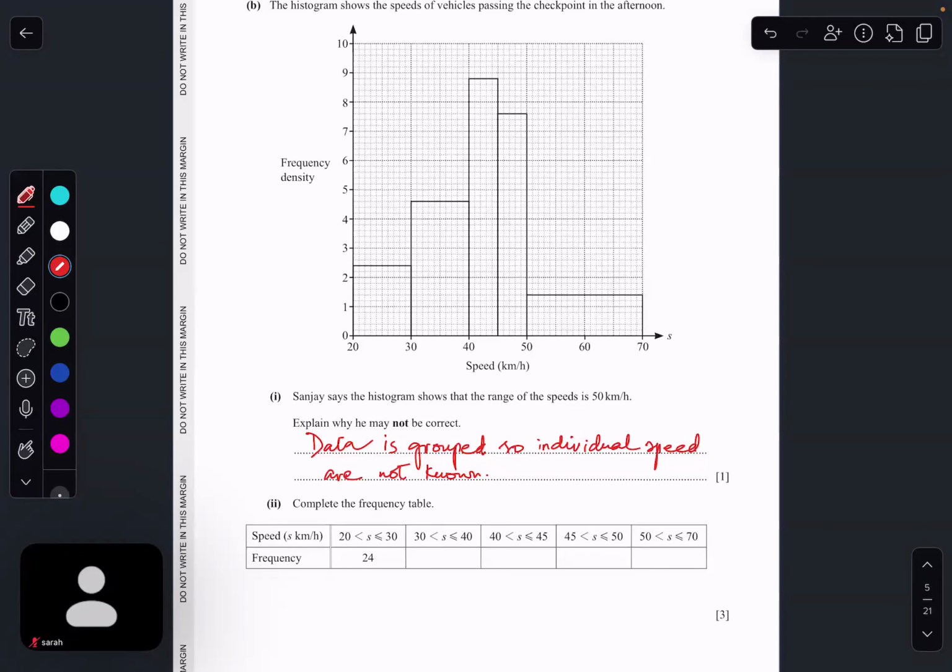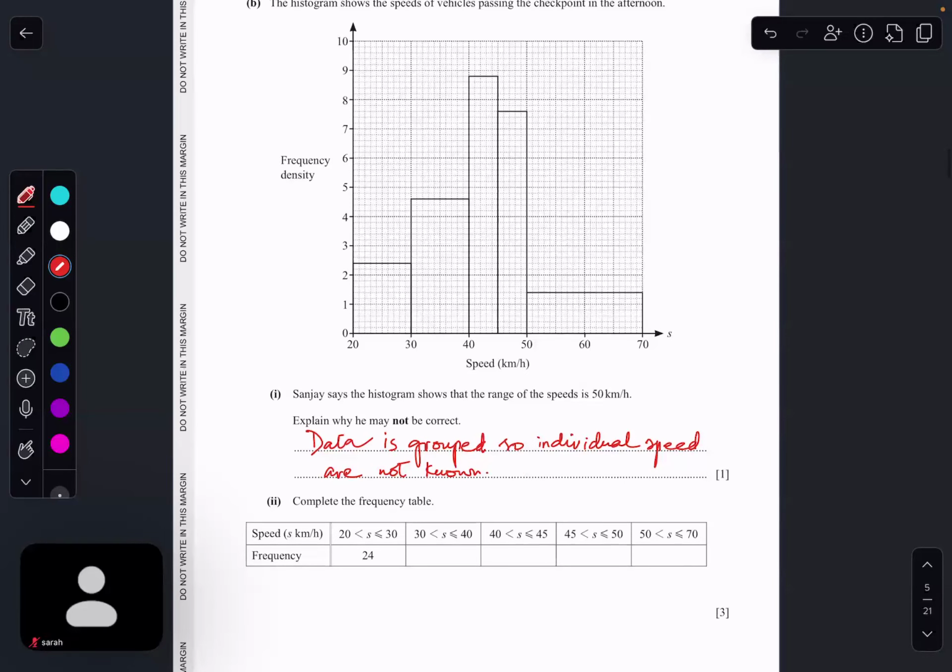Calculate the frequency table. Speed and frequency is given to us, and we have the class width. Whenever they ask you about a histogram and they give you a frequency table, always refer to class width. So upper limit minus the lower limit. The class width over here will be 30 minus 20, that is 10. 40 minus 30, that is 10 again. 45 minus 40, that is 5.